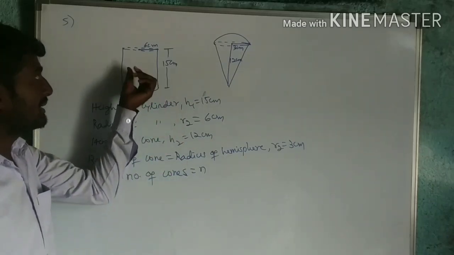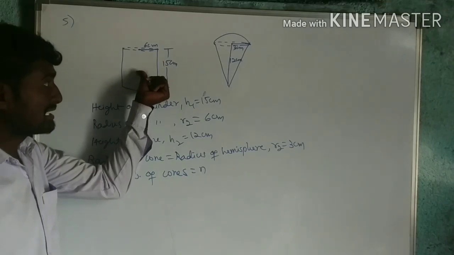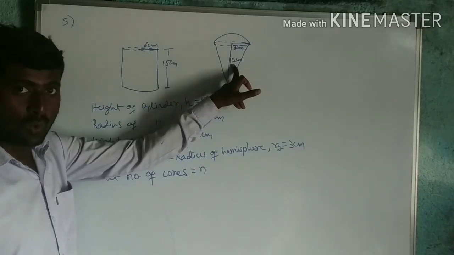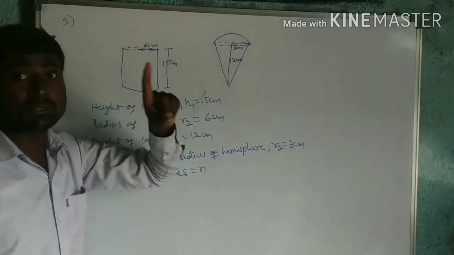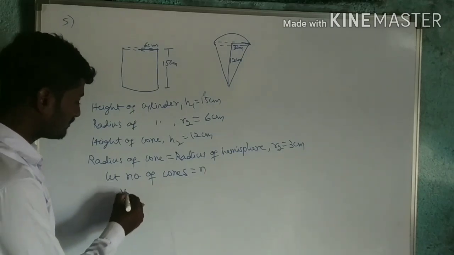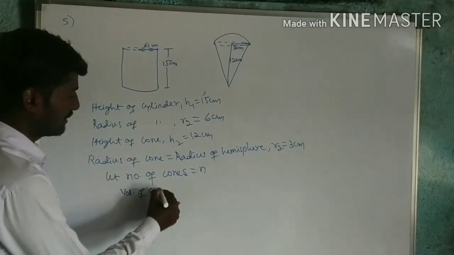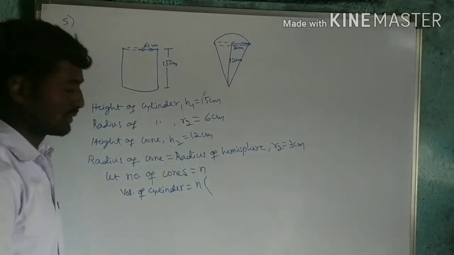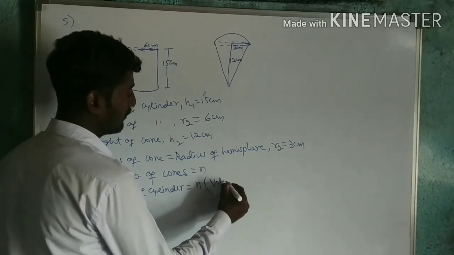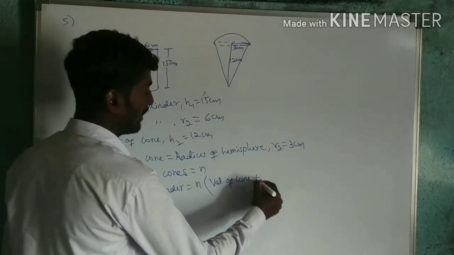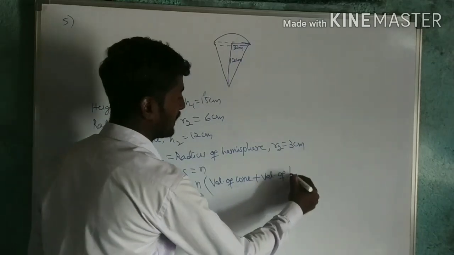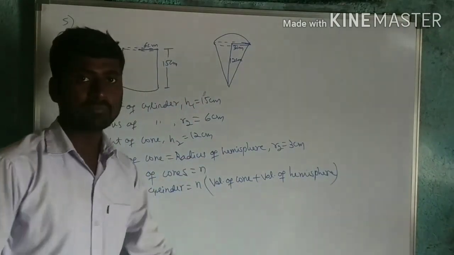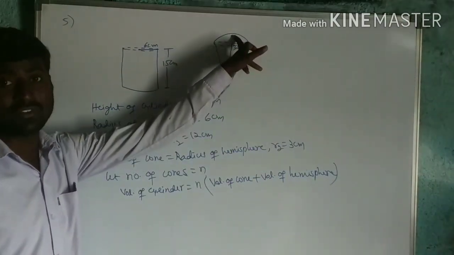Volume of ice cream in this cylindrical container is equal to n into the volume of cone plus volume of hemisphere. I must write the volume of hemisphere because the cone with hemispherical top is there.